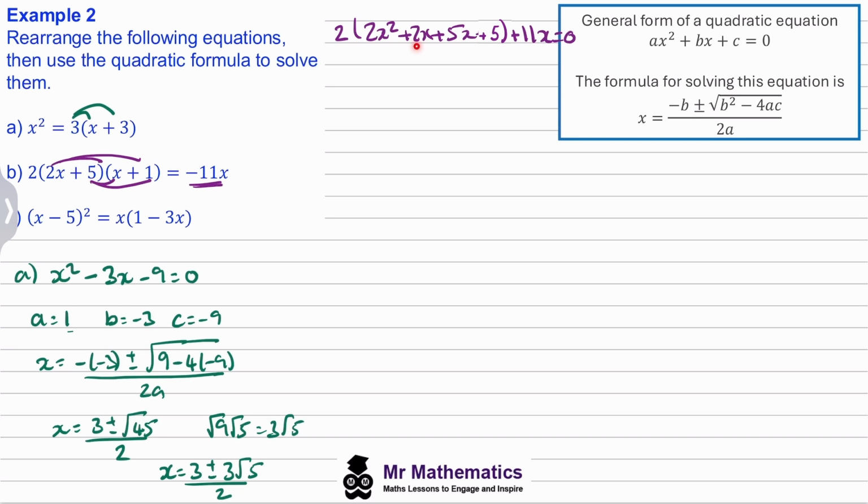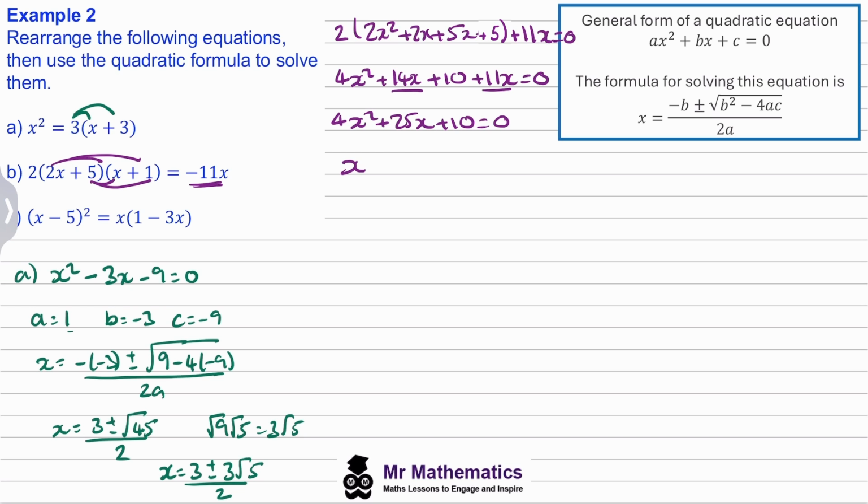We'll add the 2x and the 5x together to give 7x, and we'll expand out this bracket. So we'll get 4x squared plus the 14x plus 10 plus the 11x. Adding these two together, 4x squared plus 25x plus 10 to equal 0.